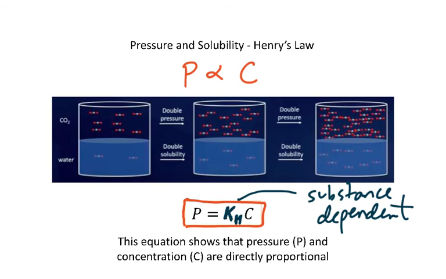So at a given concentration, it will have a given pressure. And some gases have higher Henry's constants, some have lower Henry's constants, and you can look these kinds of things up in a table. But the key is that the concentration and the pressure are proportional.